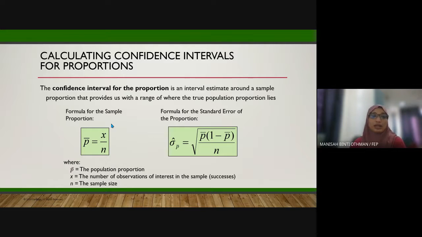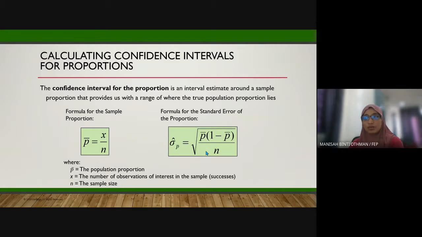Then you have to calculate using this formula. You have to identify the standard error of the proportion. This is the formula to calculate it so that you can get a margin. After you multiply by the Z distribution, you will get the margin of error.